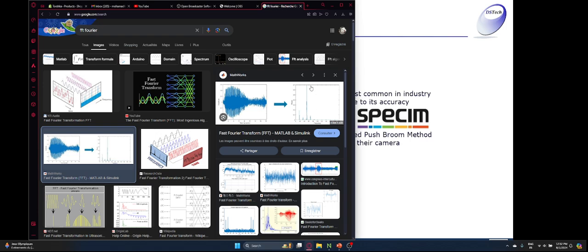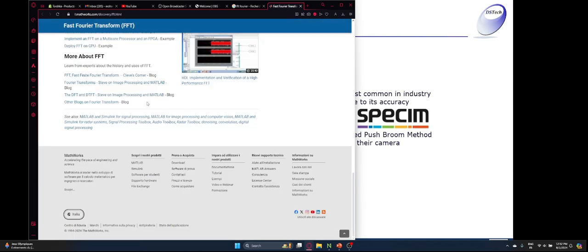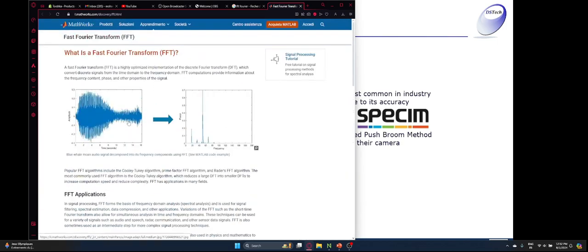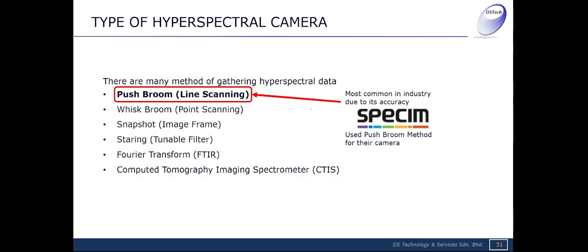This is where you want to look. Yeah, typically this is how Fourier transform works. You want to convert all this to become this. So as I mentioned, that's why it's not really an image that you're looking at. You're actually looking at a frequency. This is how FTIR works. It helps in spectroscopy a lot.